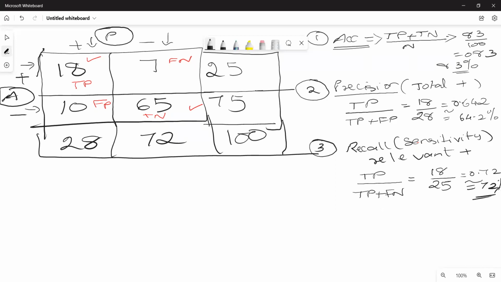Then I have the last measure. I have two more measures. The fourth one is called specificity. Specificity means how many negatives have been predicted as negatives. Just like we have the relevant positives, specificity means what are the relevant negatives.